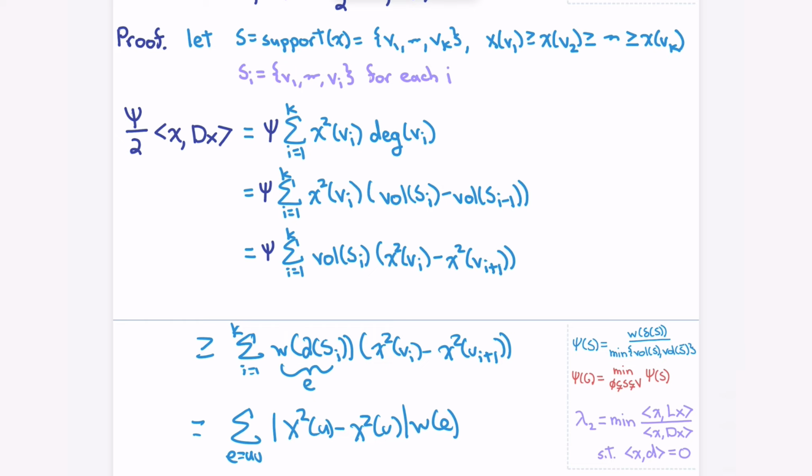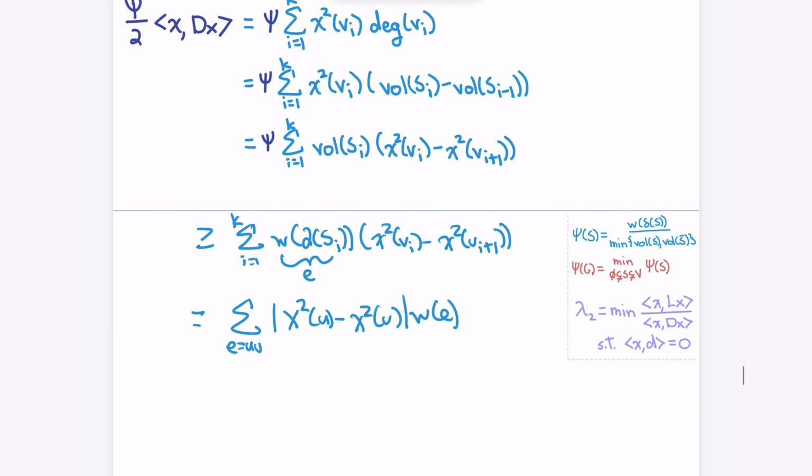You look at the top right here: x of v1 is greater than or equal to x of v2. Should that have been less than or equal to? Do you feel okay with this? Conductance is the minimum, right? So phi times volume is a lower bound on the weight of any cut over a small set.